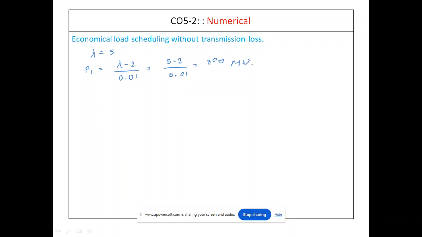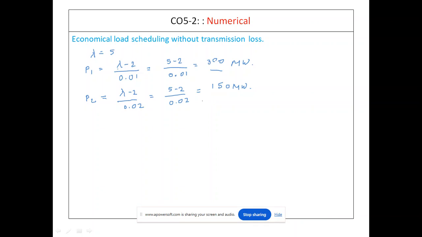So we have determined that plant 1 should generate 300 megawatt, and similarly for P2 we can substitute: (lambda minus 2) divided by 0.02, which is (5 minus 2) divided by 0.02. Now this will come out to be 150 megawatt.